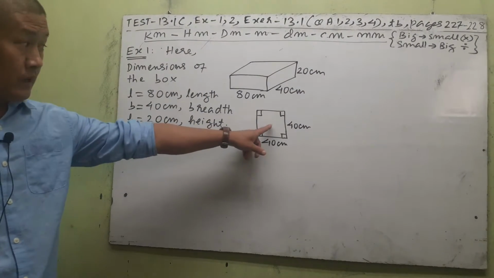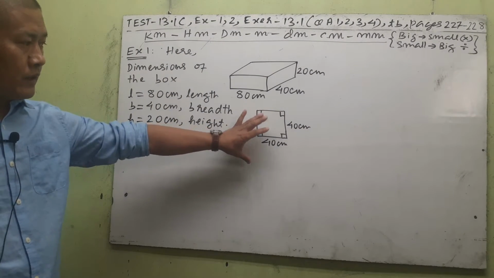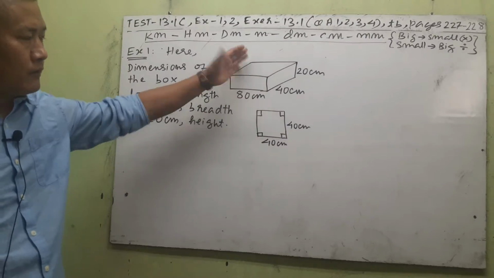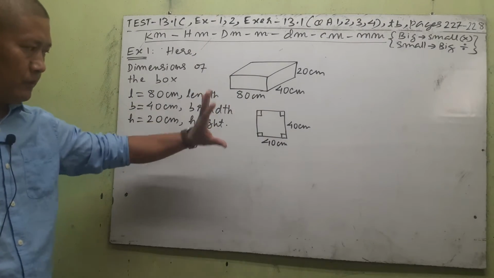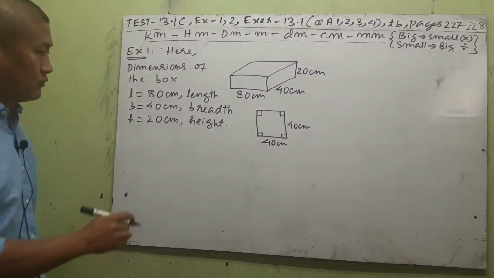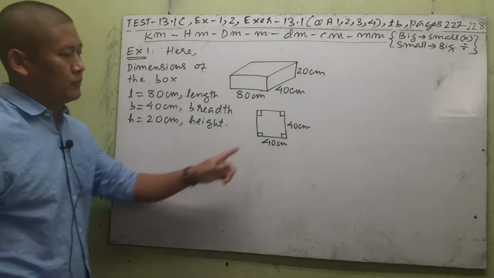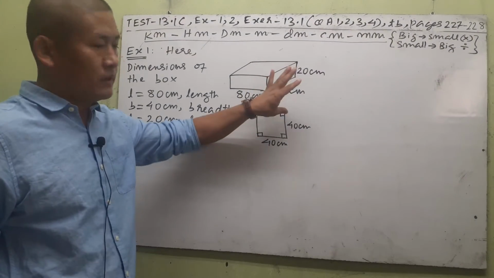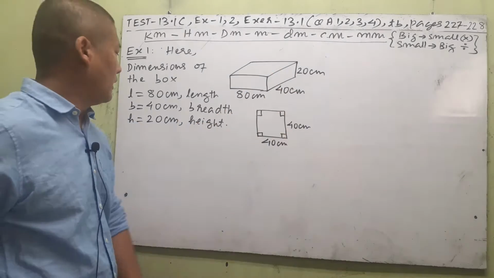So with this colored paper of square size 40 by 40, she's going to cover this. How many sheets of paper of this size will she require to completely cover exactly the box?